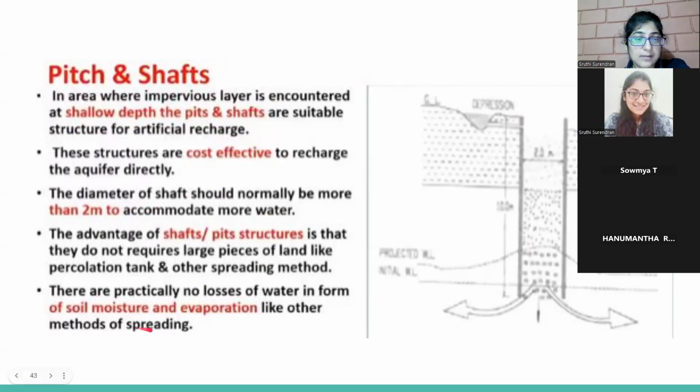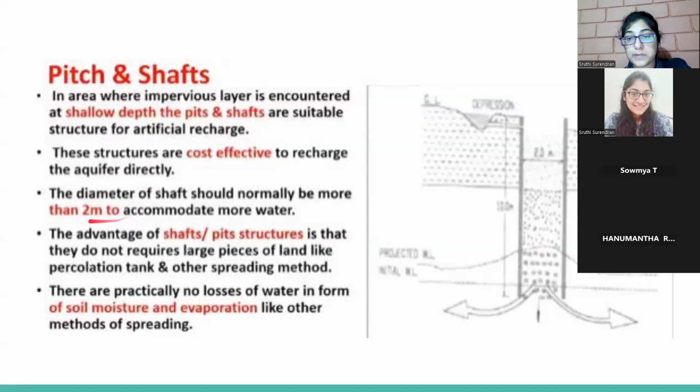Again, it is advantageous in that it does not require large areas like percolation tanks. A huge area is not required. A narrow tank is sufficient, and the loss of water in the form of soil moisture evaporation is also less in the case of pit and shaft. So the important points for pit and shaft are: when the impervious layer is encountered at a very shallow depth, a pit and shaft can be constructed.